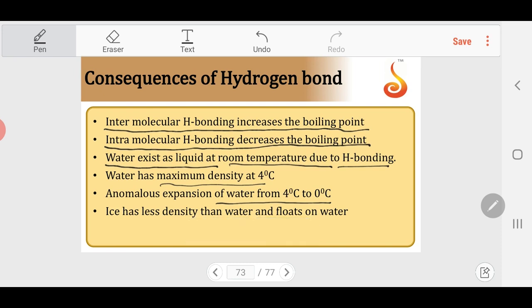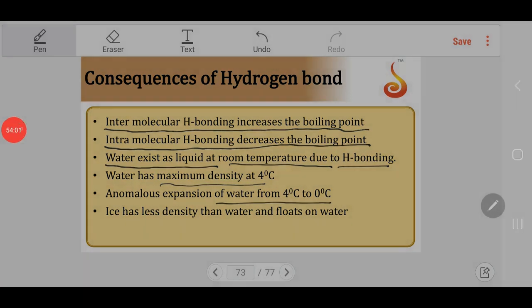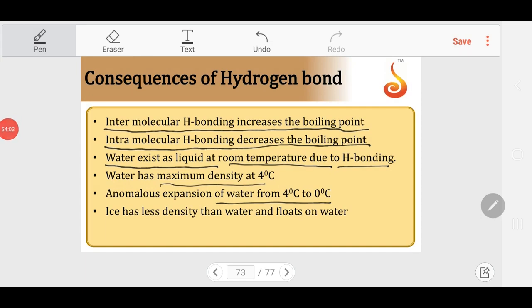So the water molecules go away from each other and then set themselves at particular places where the ice structure is obtained. So from 4 degrees to 0 degrees, there is expansion instead of contraction. And ice has less density than water, so it will float on water.